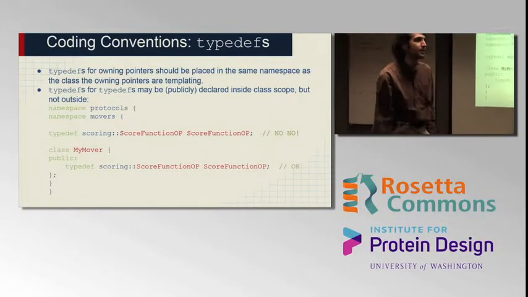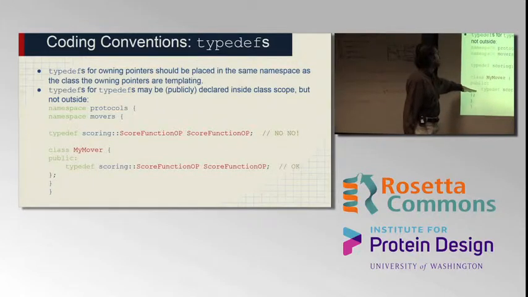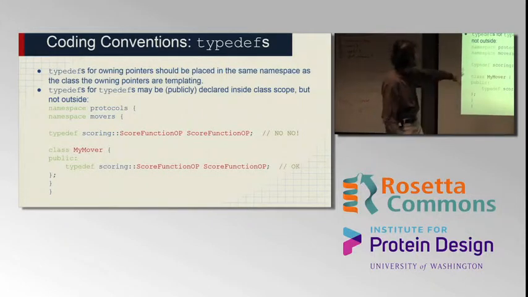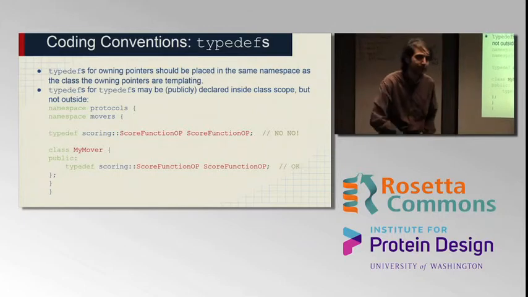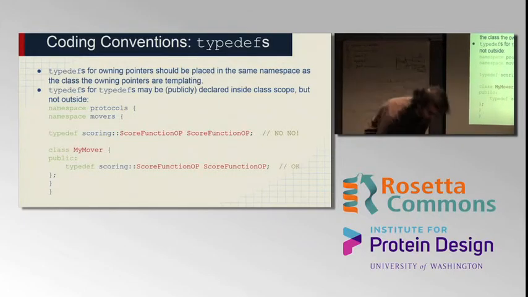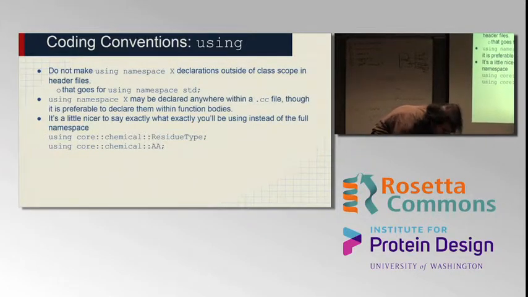You can use typedefs for conciseness, but make sure that they're within the function. So I can say typedef core scoring score function OP as score function OP within the context of my mover, so that I only have to type score function OP instead of core scoring score function OP. I usually avoid that though.